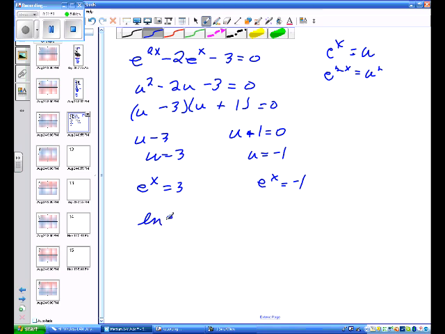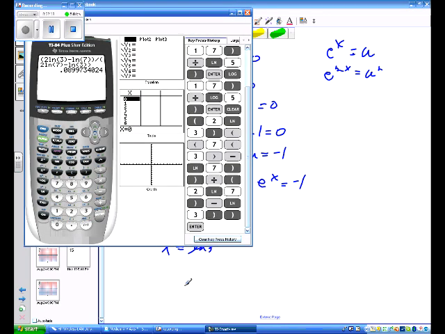If we did the natural log of e to the x equals the natural log of 3. Now, for the natural log, our base is e, so the base of our log is the same as the base of our number, so this side simply equals the exponent. So we get x equals natural log of 3.